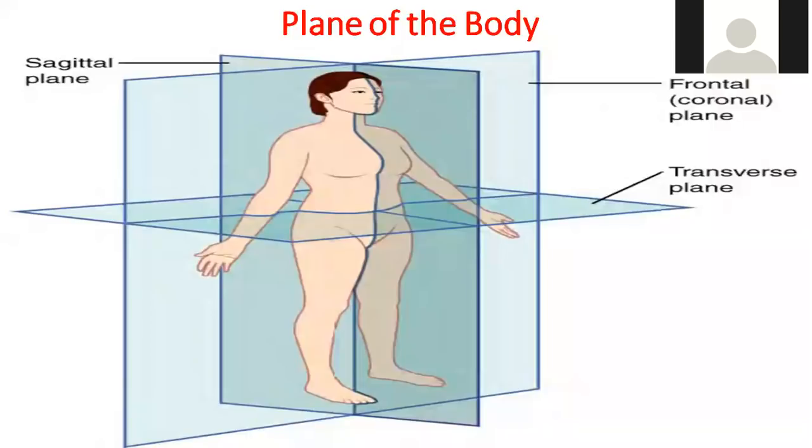It's not as if you can see sagittal or frontal, you just imagine. Let me take the sagittal plane as an example. It is the plane that divides the body or an organ vertically into the right and left sides. I hope you got that. So the sagittal plane divides the body vertically into the right and left side.